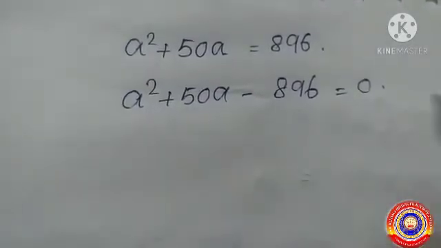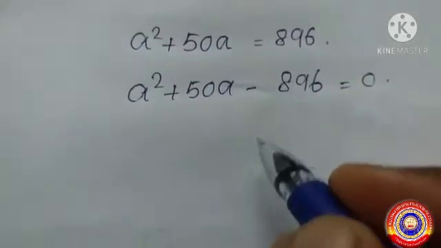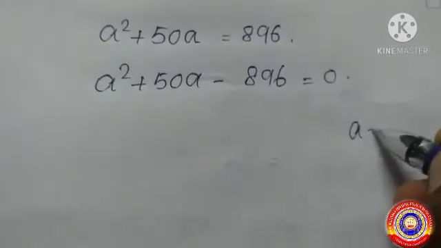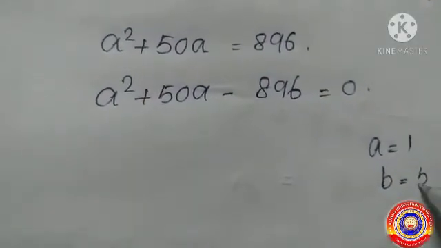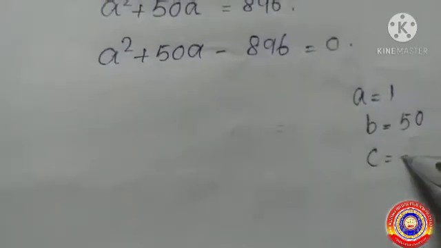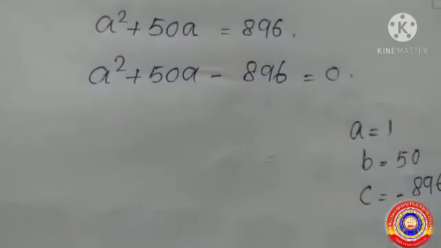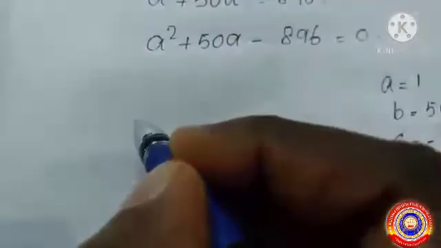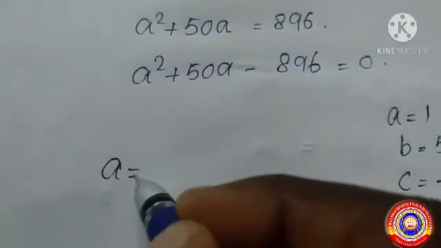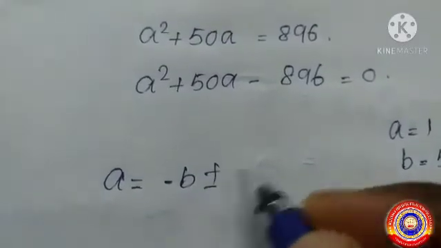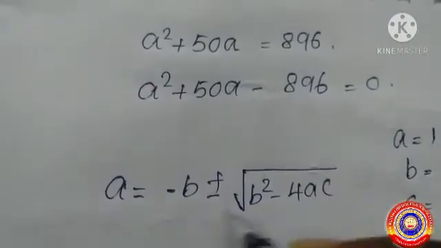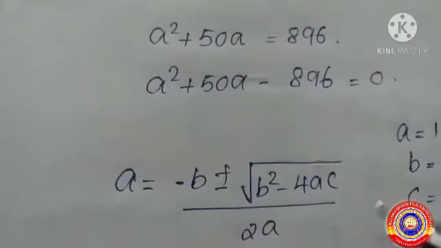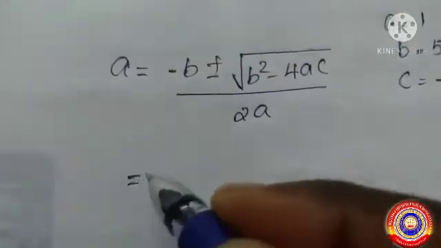We already know the universal formula for finding the solution of this equation. Here A equal to 1, the coefficient of A square, and B equal to 50, the coefficient of A, and C equal to minus 896, the constant term. Here the base edge A equals minus B plus or minus root of B square minus 4AC by 2A.